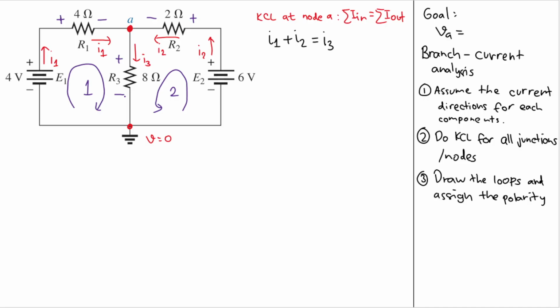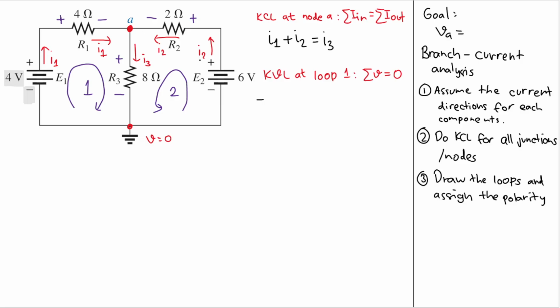Let's do KVL for each loop, which is loop 1 and loop 2. Let's do Kirchhoff's voltage law, KVL, at loop 1 first. What does KVL say? KVL says that the sum of the voltages in a loop equals 0. Let's start from this battery here. The loop enters from the negative terminal, so we will have a minus sign, and the voltage is 4 volts.